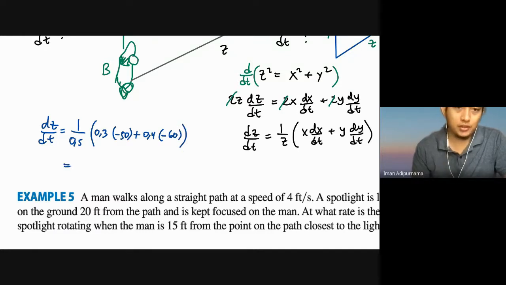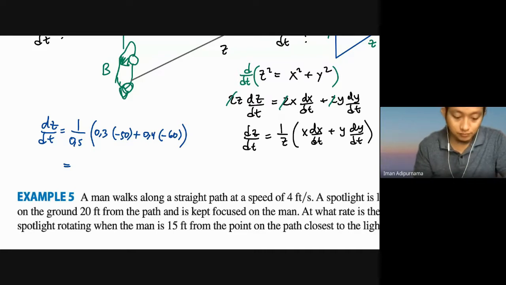This will be negative 50 plus, well, if you put both positive, that's also okay. It depends on you, as long as it's consistent from the first definition you have and then the calculation, all still consistent, you will get the same answer and the same conclusion.